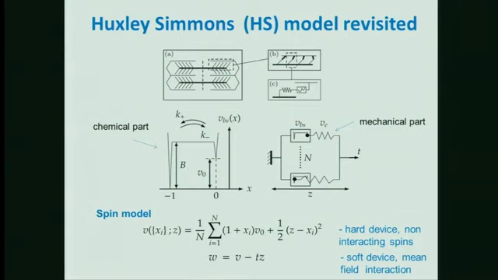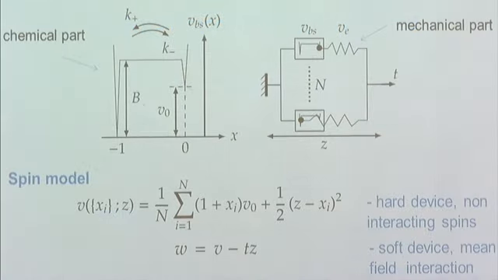Now, that brings the interesting result that these chemical constants must be functions of the stretch of the spring. So they're no longer constants, they're functions. And here, we have a lot of freedom in modeling these functions. While Huxley and Simmons were quite careful in linking those functions to the action of the spring, afterwards this approach, called the chemomechanical approach, developed in the direction of putting rather generic relations between generic functions.